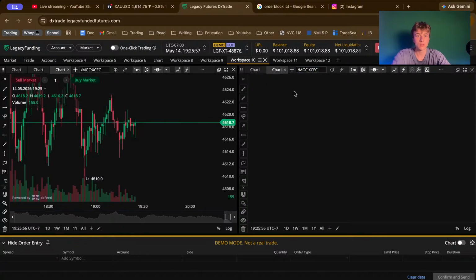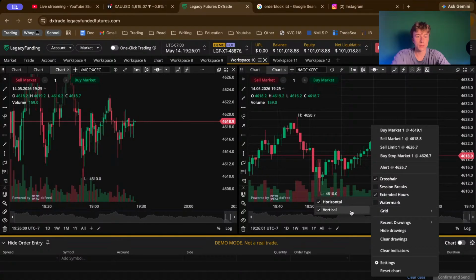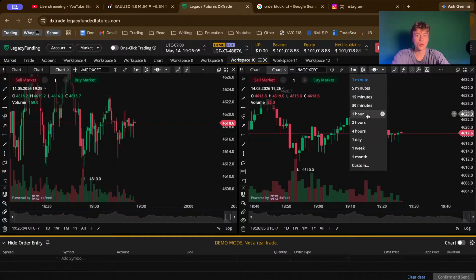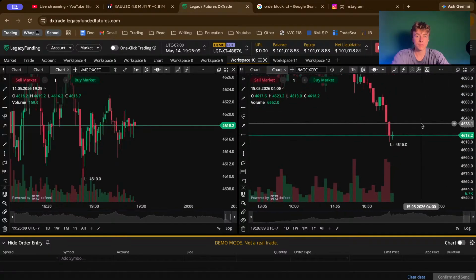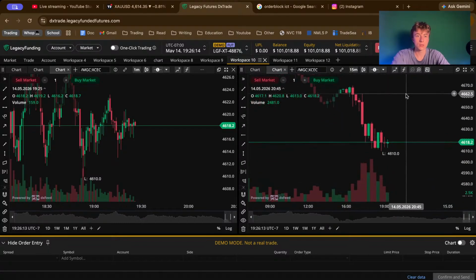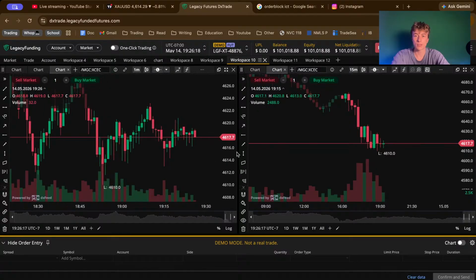MGC. There you go. Let's clean this one up as well. And then let's open up the 1 hour time frame for us right here. We'll do 15 minute time frame. And then on the left side, we have the 1 minute time frame.